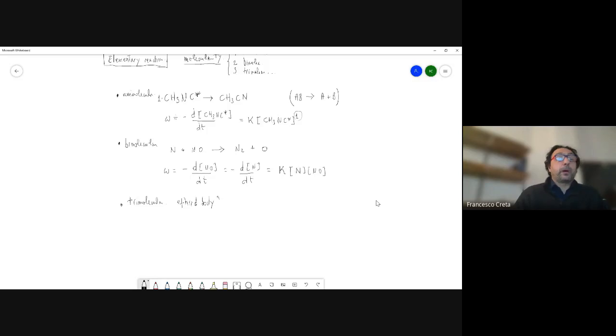What's a third body? It's a molecule, a third molecule, which we always refer to as M. M meaning it could stand for any molecule present in your system.